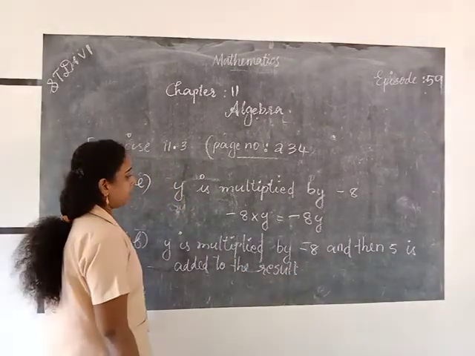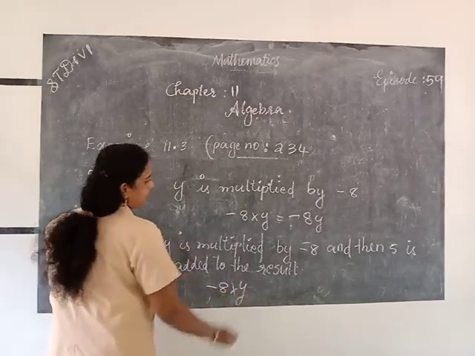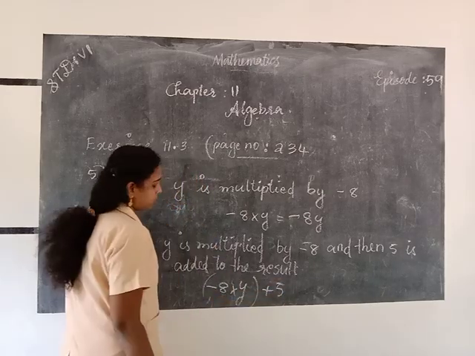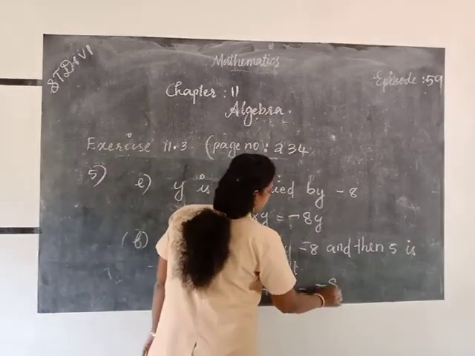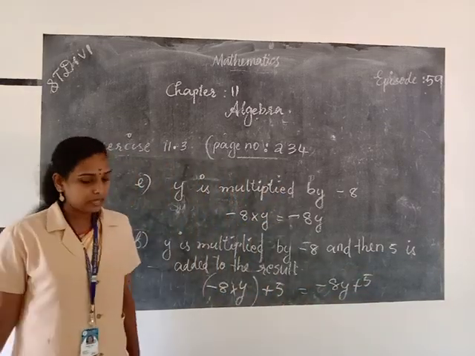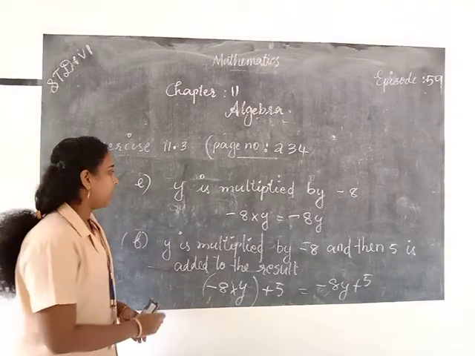So y is multiplied by minus 8. That means minus 8 into y. Then 5 is added to the result. That is plus 5. So minus 8 into y, we get minus 8y plus 5. So the expression is minus 8y plus 5.